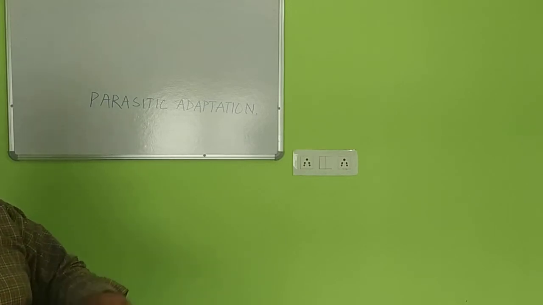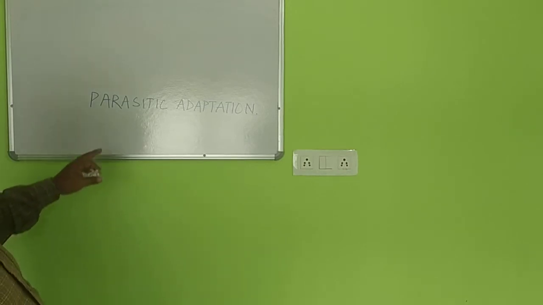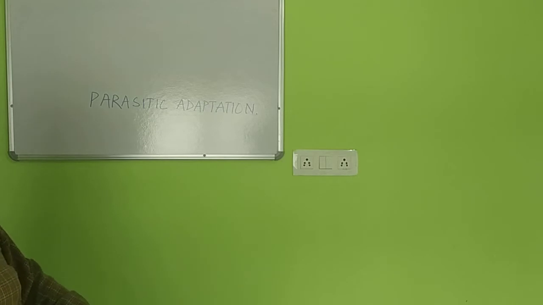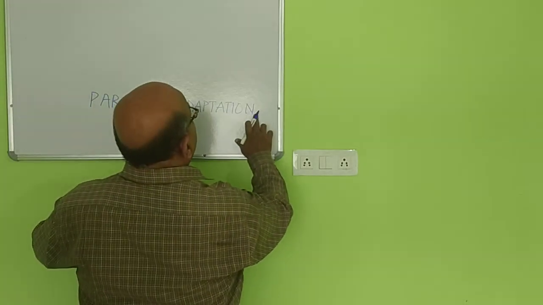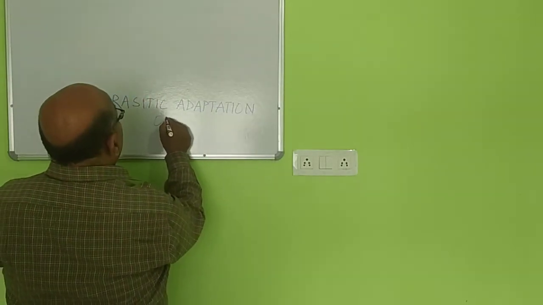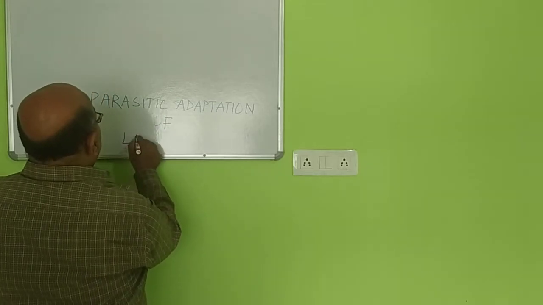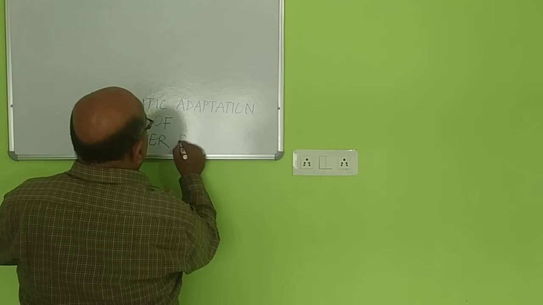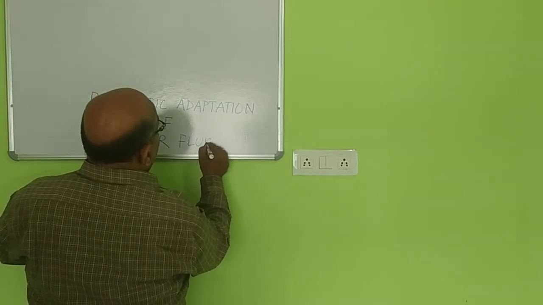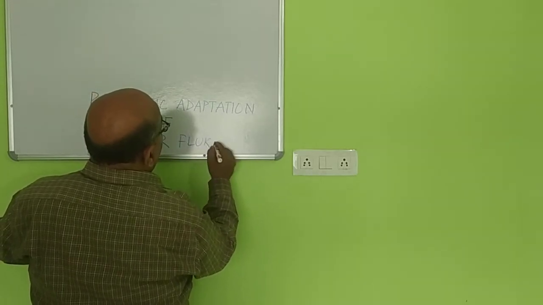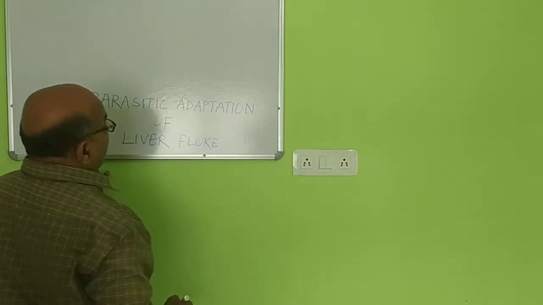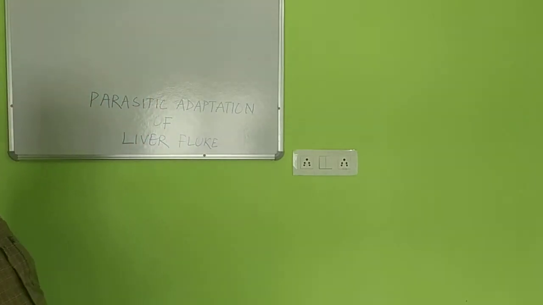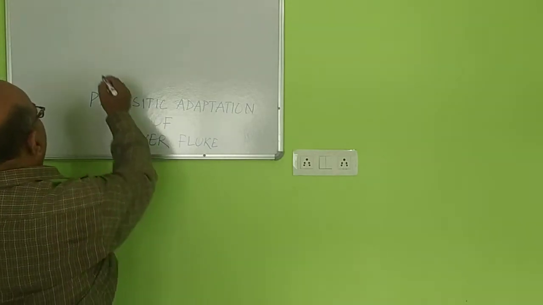Okay, then you know about the parasitic adaptation of liver fluke, F-L-U-K-E. Liver fluke is called Fasciola hepatica.